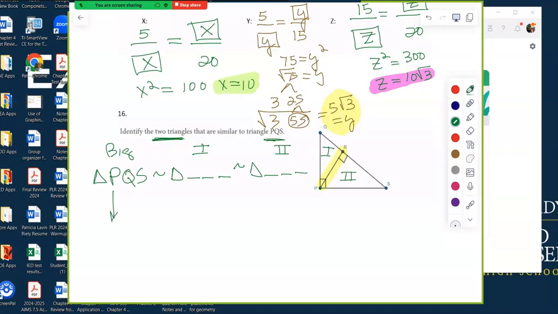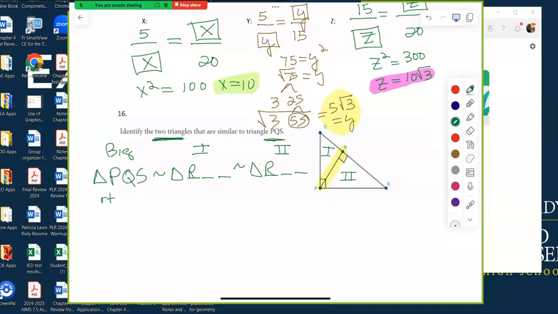That is going to be P. The right angles in the little triangles both happen at R. P is the first letter, and it makes a right angle. I'm going to put the first letter that has right angles as the first letter in the 2 smaller triangles.